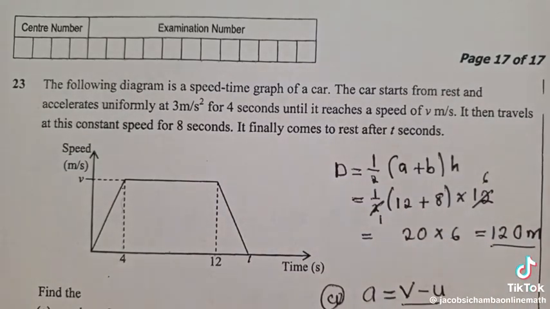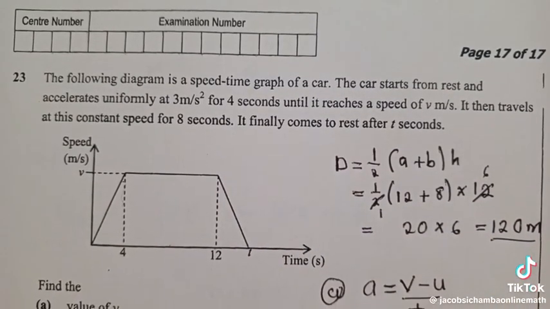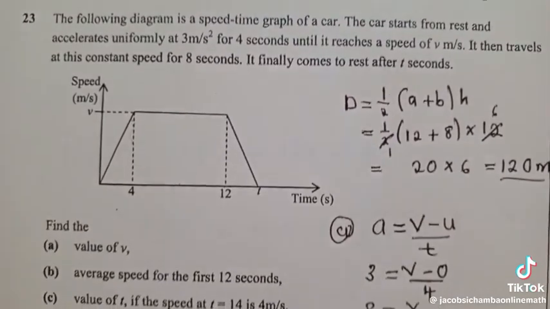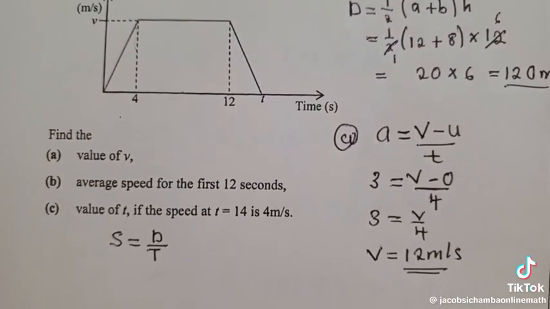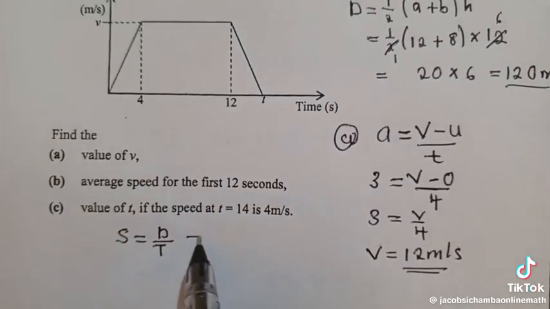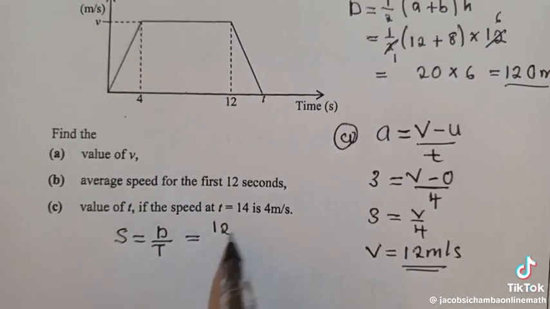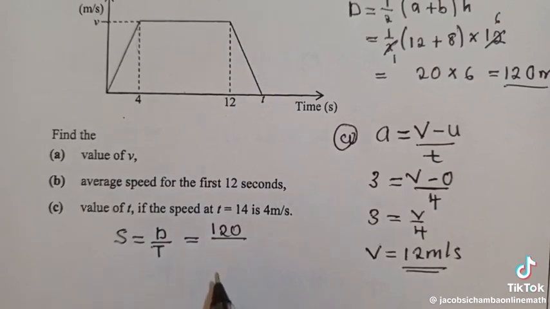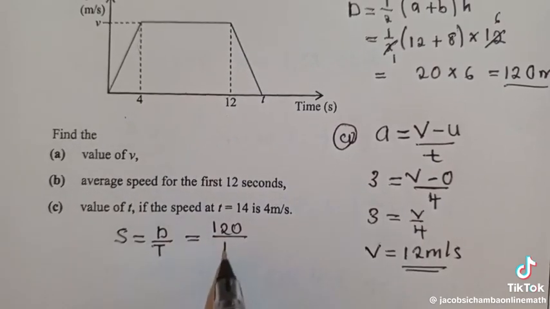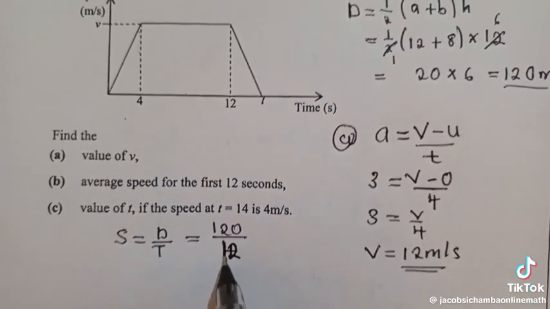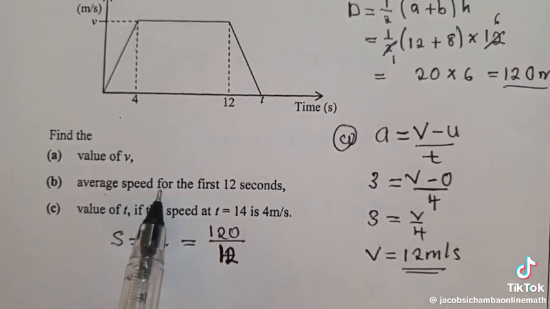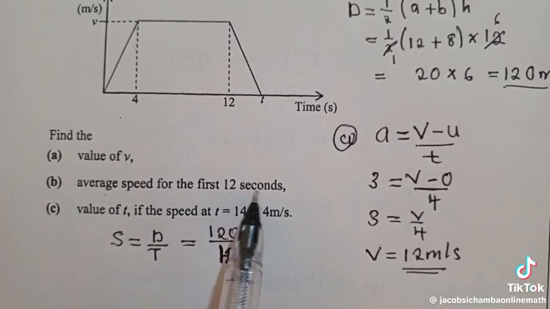Okay. So now that we found the distance, we can now use our formula, the formula that I just wrote down over here. So I'll say, what is my distance? It's 120 meters. And then the time is actually 12. It's supposed to be 12 because they said average speed for the first 12 seconds.